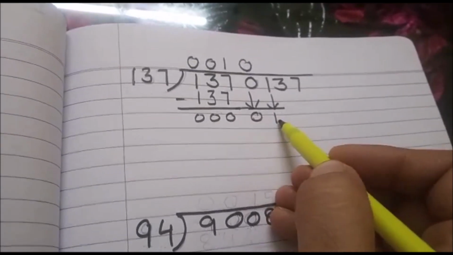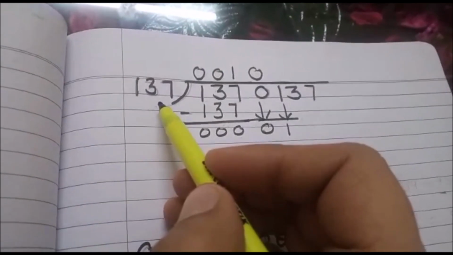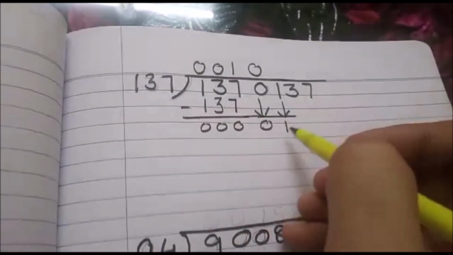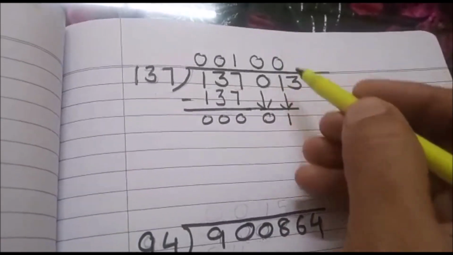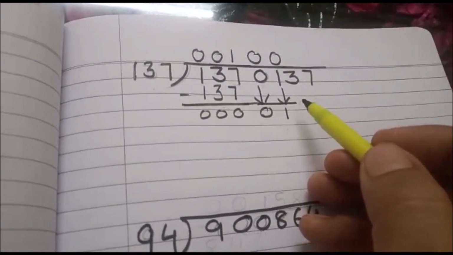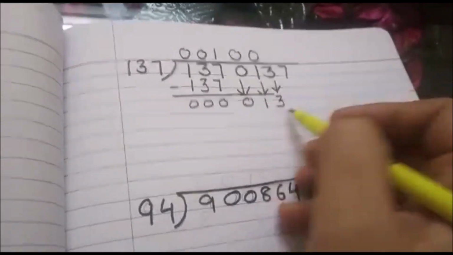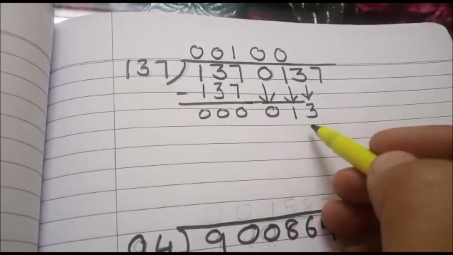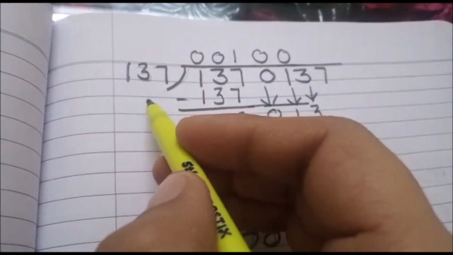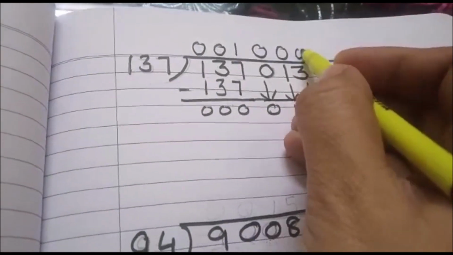Again this number 1 is divisible by 0 only, by 137. So above this 1 also we write the quotient as 0. Again we take down number 3. That means we are having 13 as remainder. Now 13 is again not divisible by 137. So above 3 also we will write 0.